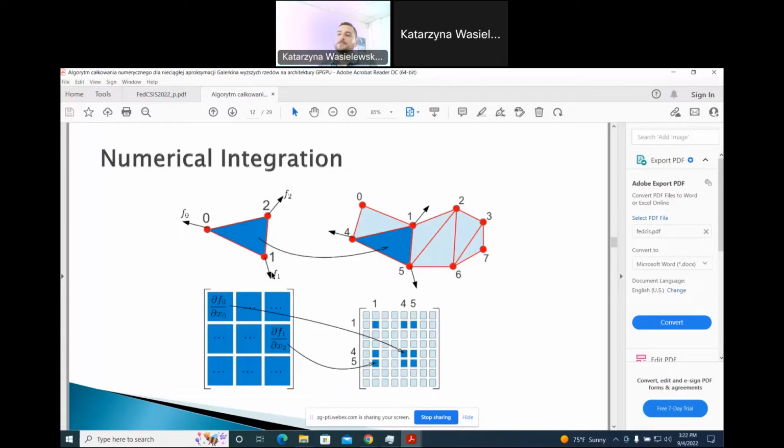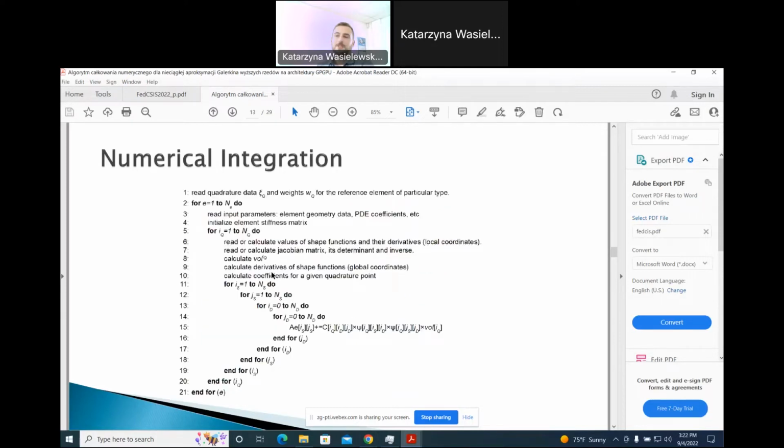The finite element method is used to compute an approximate solution of partial differential equations defined for a given domain, usually three-dimensional. The computational area is divided into several elements with simple geometry, as you see in the picture. The algorithm consists of several loops, which allows multiple optimizations, and the algorithm is embarrassingly parallel, which allows easy parallelization on different types of accelerators.